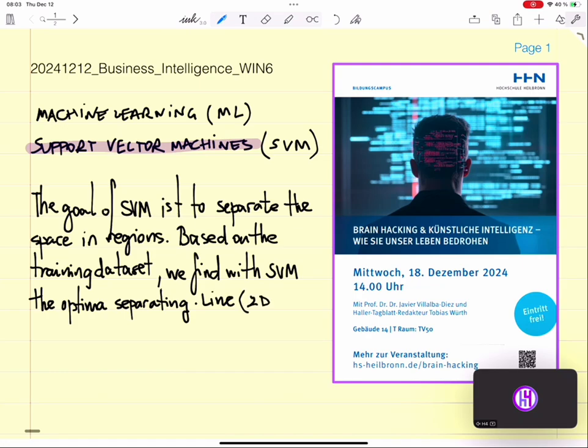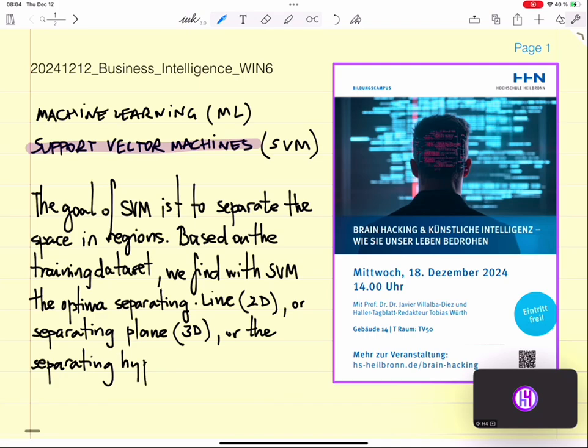if we are in 2D, or separating plane if we are in 3D, or the separating hyperplane if we do it in more than 3D.